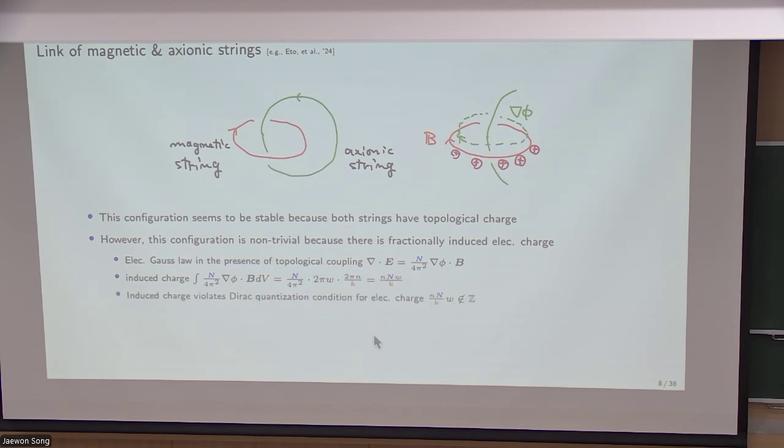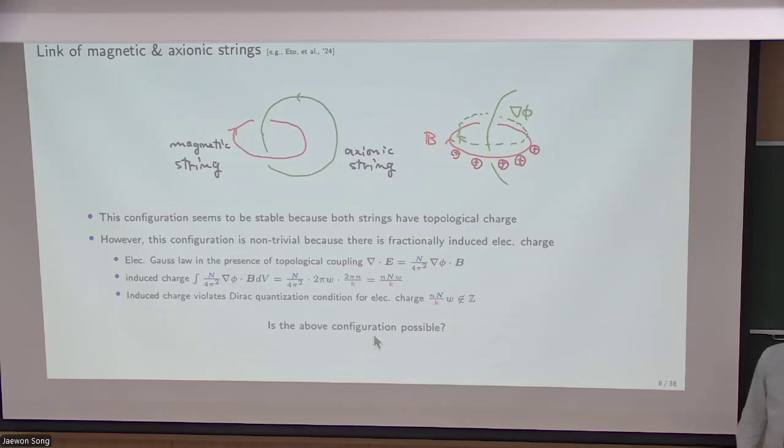So there is a fractionally induced electric charge. Fractionally quantized electric charge. But this fractional charge violates the Dirac quantization condition. So the existence of such a configuration is non-trivial.